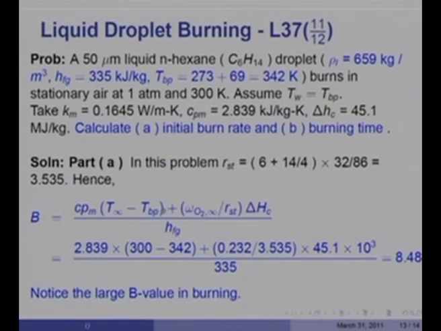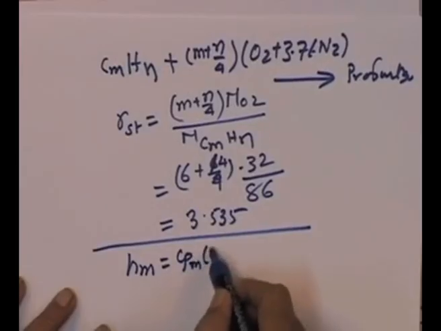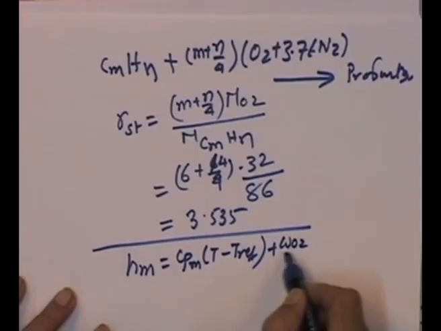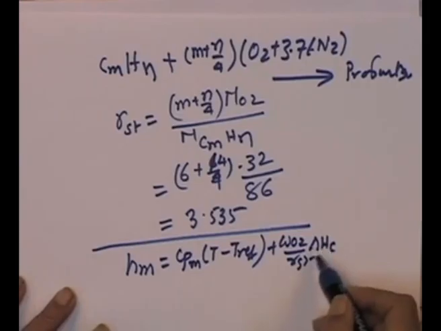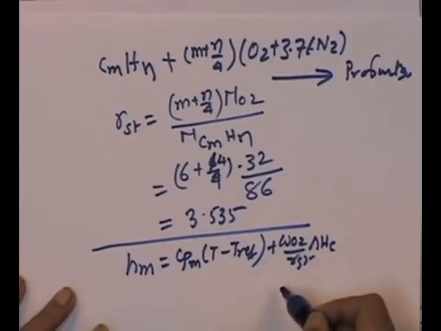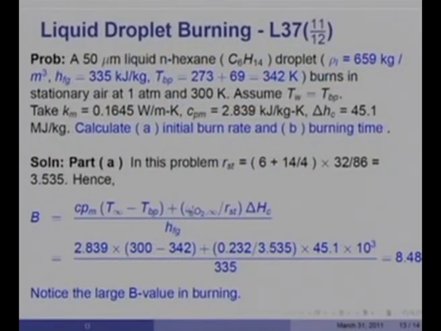This formula stems from the fact that in defining Hm, I can say Cpm into (T minus T ref) plus omega O2 by Rst del Hc. That means I have associated the heat of combustion with oxygen rather than with fuel, and therefore I must divide this by Rst.